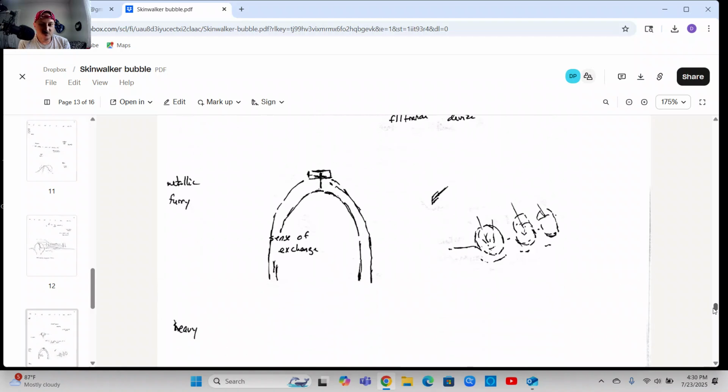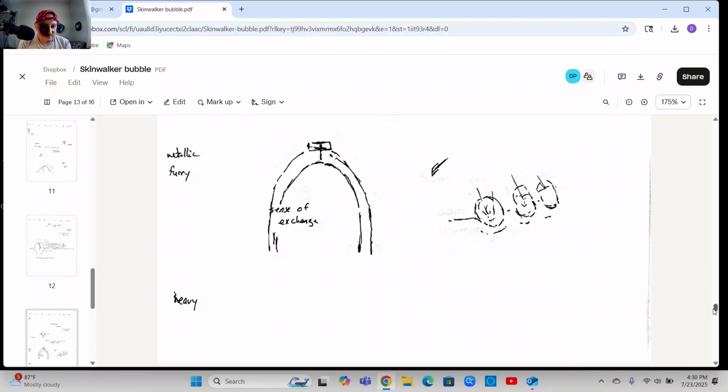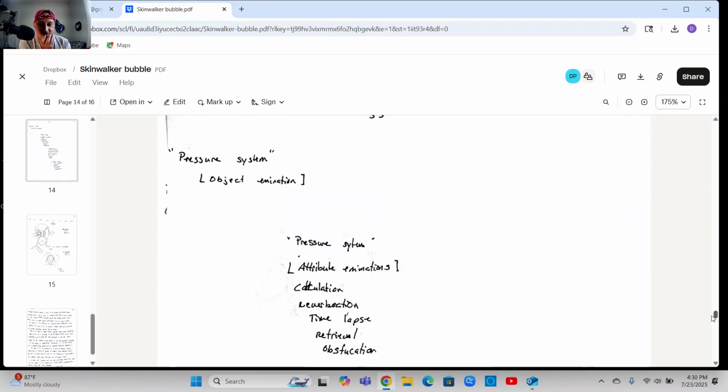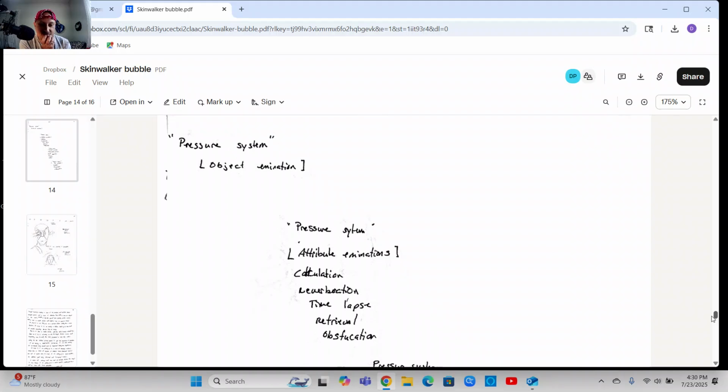And again, this thing on the left was like this rounded structure. The top reminded me of an antenna or something. I don't know. It's just weird. So I stage 5 pressure system. I didn't get anything in objects, but I got what was attributed to this pressure system.